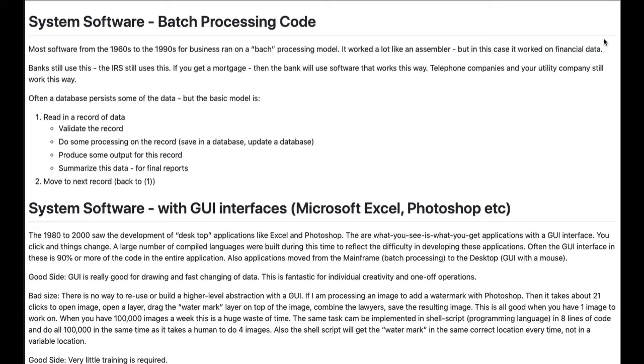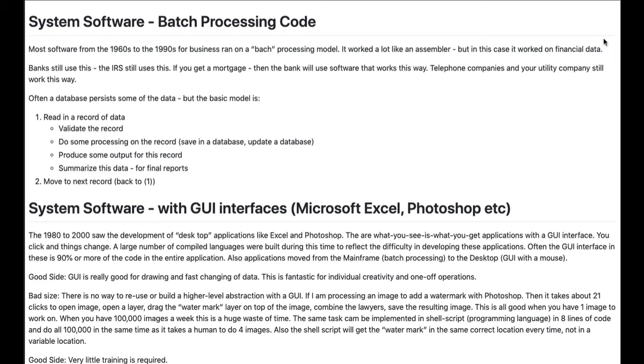And then you do some processing, usually updating the database and generating something like, for this particular person, a bill, or for this particular person, an approval for a loan. Depends on who it is. And then you do some summary stuff that you're probably accumulating as you're going through, like how much was the total for all the bills during this time period. Then you go back to the beginning and you do the next record.